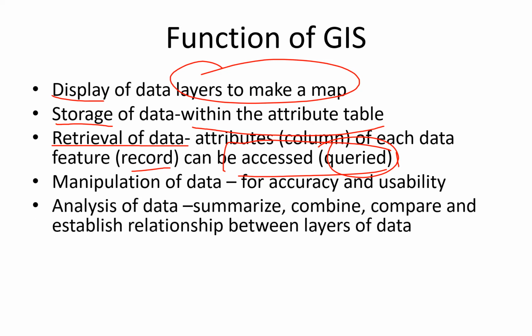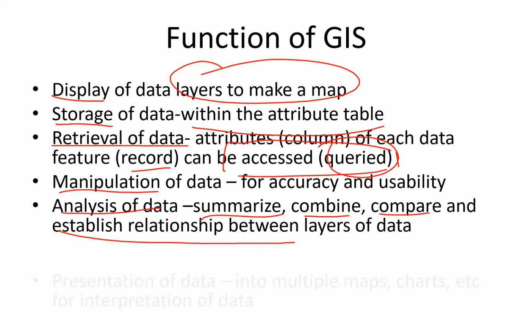The other function is to analyze the data so that we can get a glimpse of what this data is all about. So we can summarize, we can combine, we can compare, and we can establish the relationship between layers of the data.